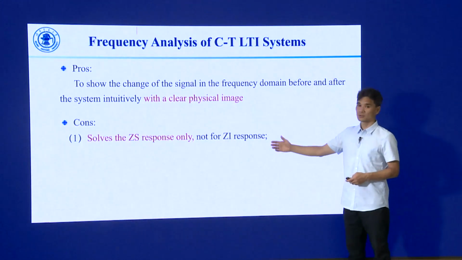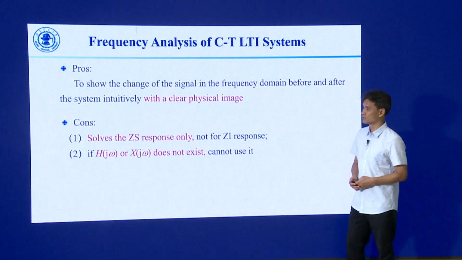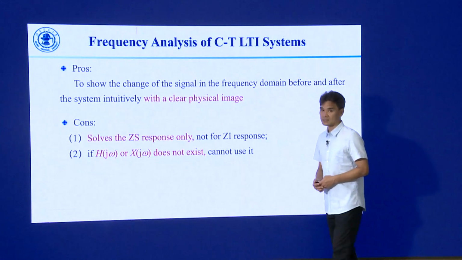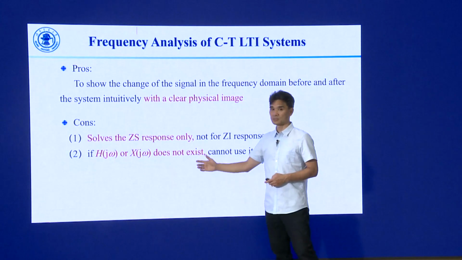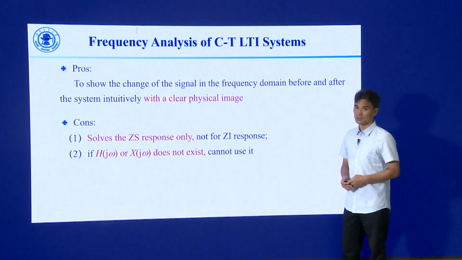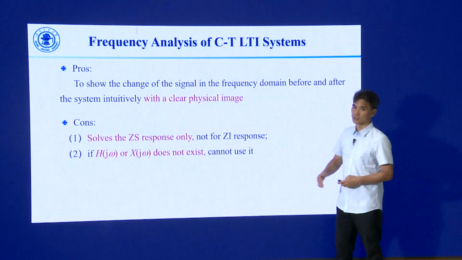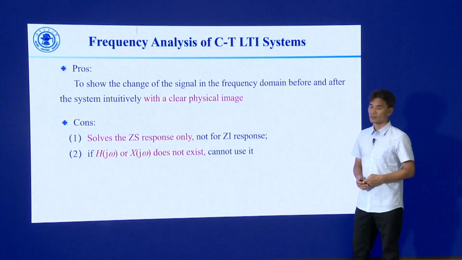We have nothing to do with the zero-input response. The second is, if the system's frequency response or the input's Fourier transform does not exist, then we cannot use the Fourier analysis to do the system analysis.